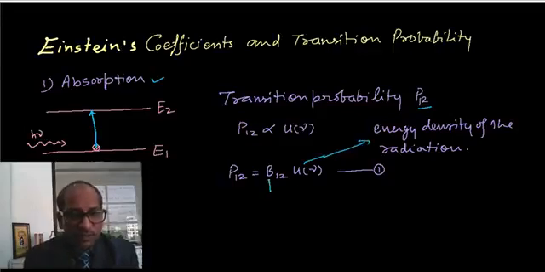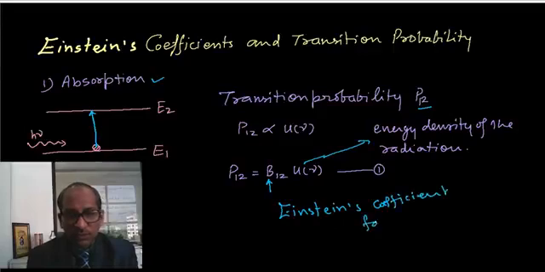What is this B12? B12 is the Einstein coefficient for the case of absorption. I can write here: Einstein coefficient for the case of absorption.